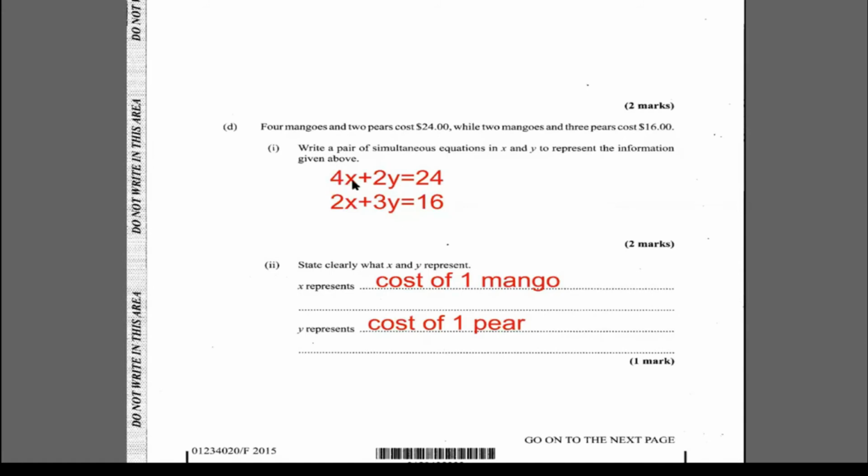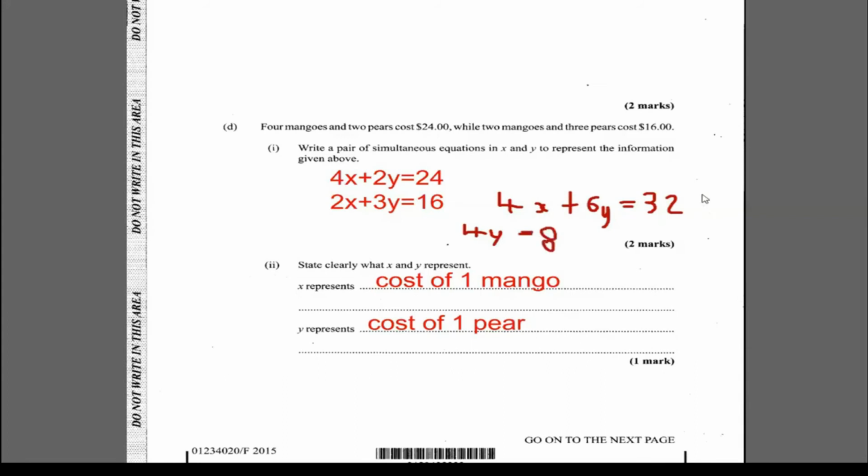We could work out x by multiplying the second equation by 2 to get 4x plus 6y, and that would equal 32. Then we subtract them. 4x minus 4x is gone, 6y minus 2y becomes 4y, and what we get is 4y equal to 8.